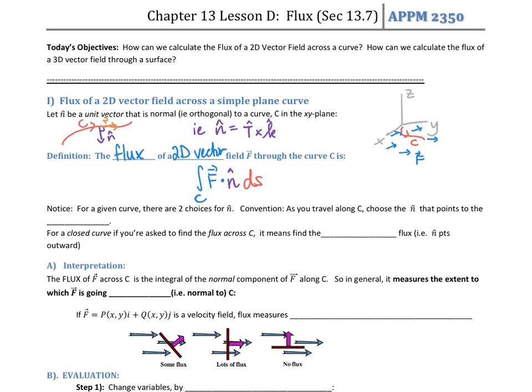And the reason we're doing that is just so that we're all consistent when we talk about positive flux versus negative flux. So in this picture over here, it would be this one that's to the right.